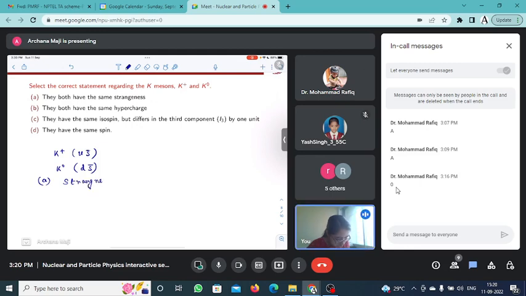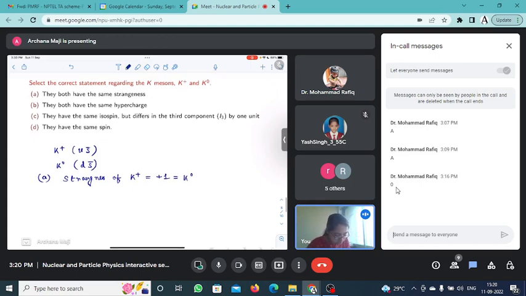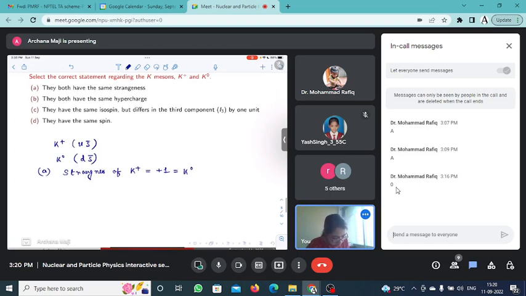What is the strangeness of K plus? It's plus 1. Yeah, and for K0 also it is plus 1 because both are having S bar in it. So A option is then correct.